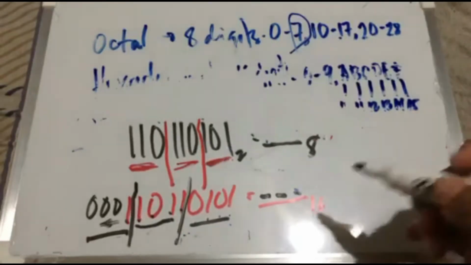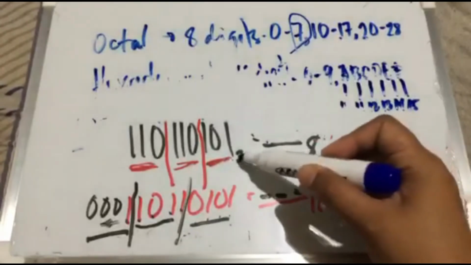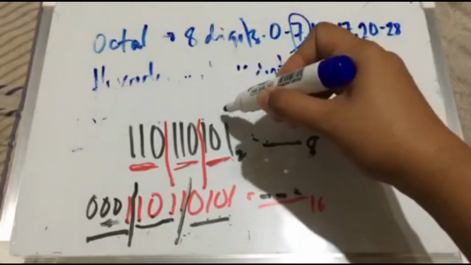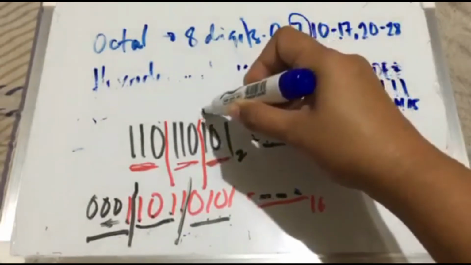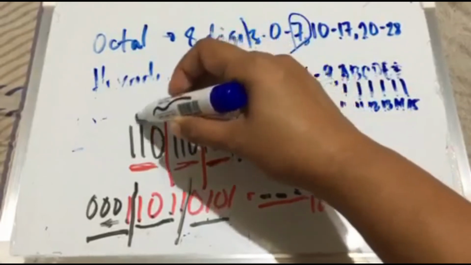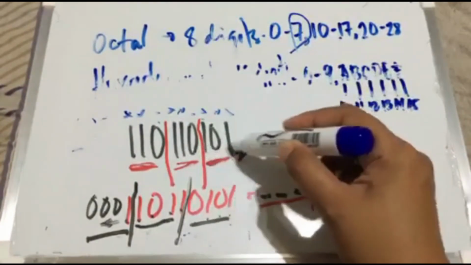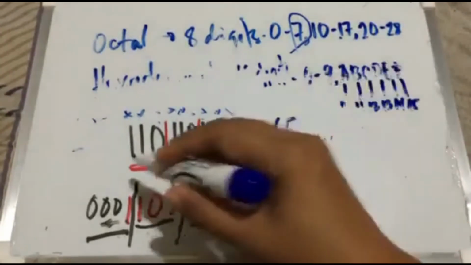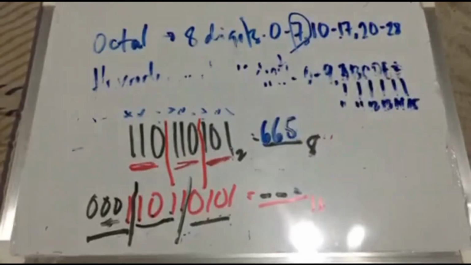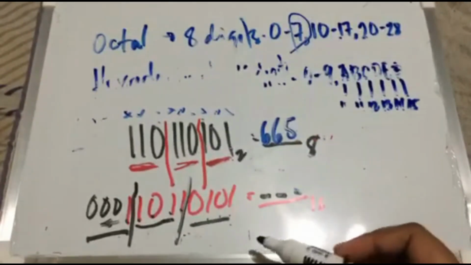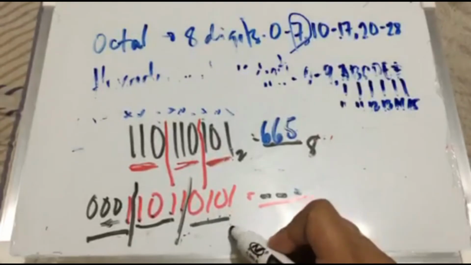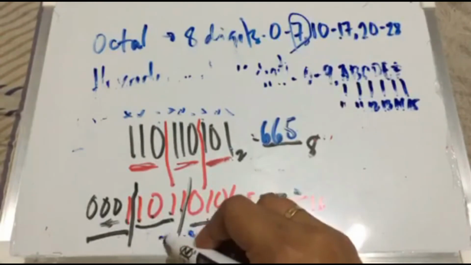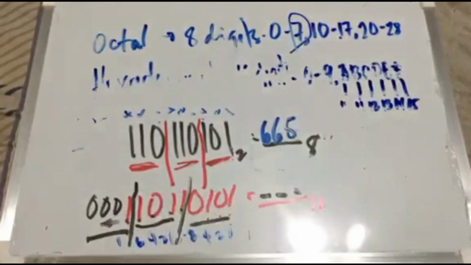If we're going to get the equivalent for this binary number, so we know already the positional notation: 1 2 4 1 2 4 1 2 4. So this is 5. 4 plus 2 is 6, and 6 as well. Okay, for hexadecimal number, so this is 1 2 4 8, 1 2 4 8, and then 1.